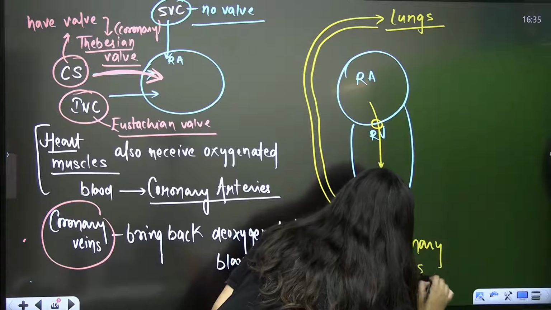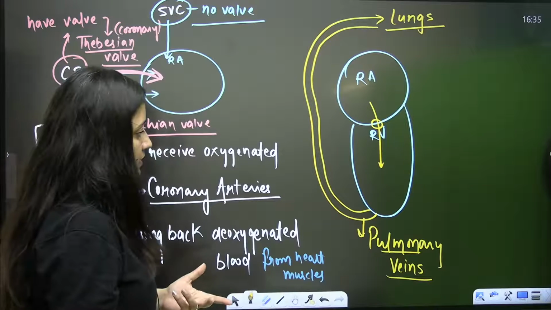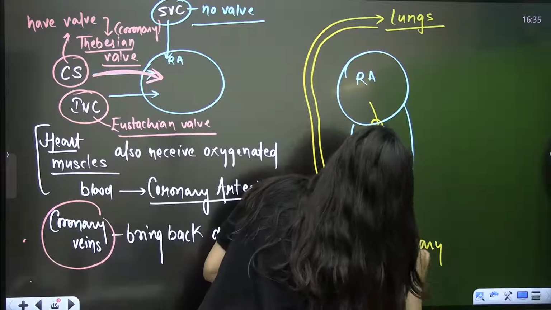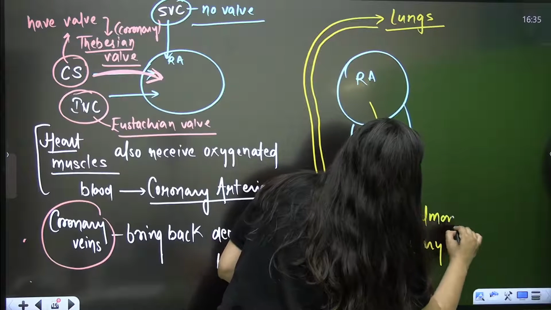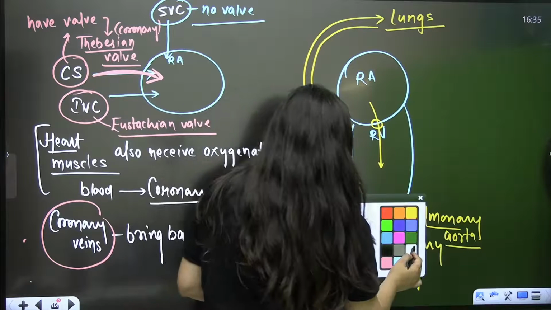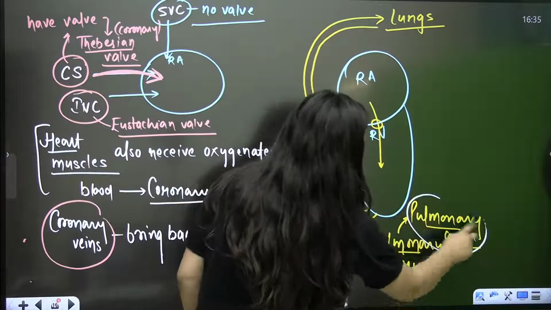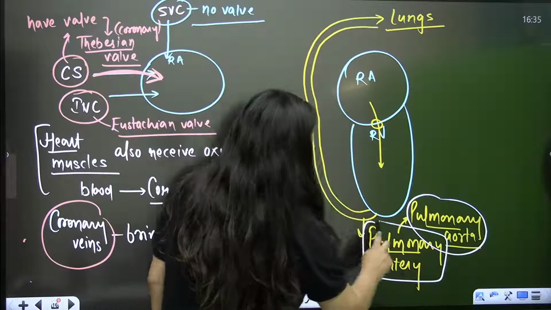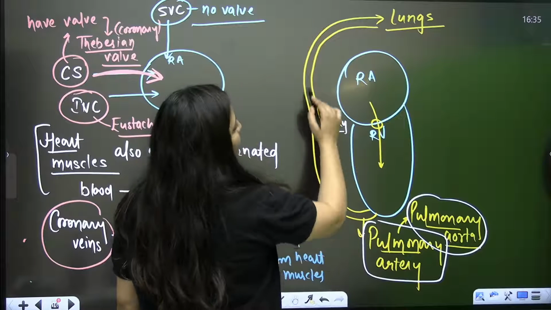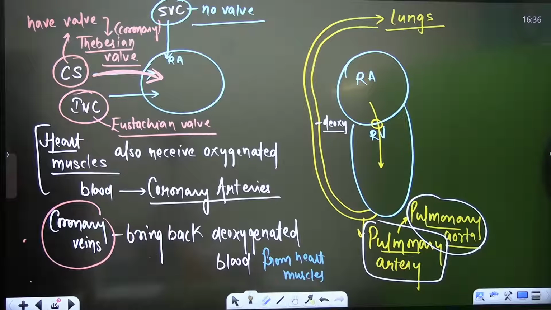We also call the large blood vessel the pulmonary aorta. So this pulmonary aorta, the large blood vessel, has these pulmonary arteries, because the pulmonary artery is an exception. It is carrying deoxygenated blood to the lungs. Understood?